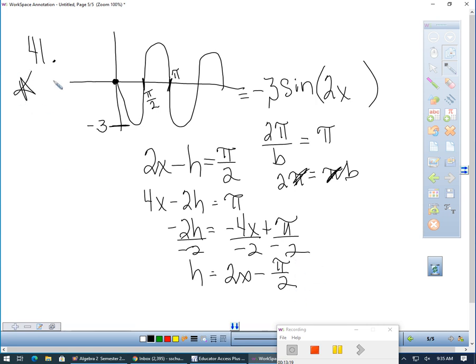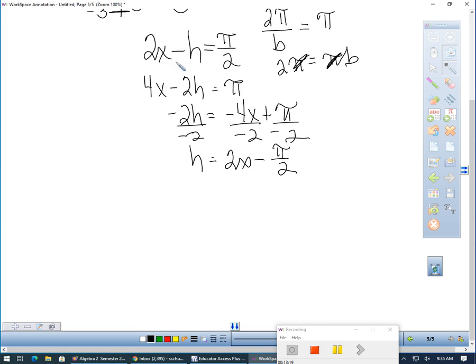Alright. We know we're shifting it over. That's where I went wrong. Notice in order to go from here to here, I need to shift it to the left. Which means it should have been positive, right?